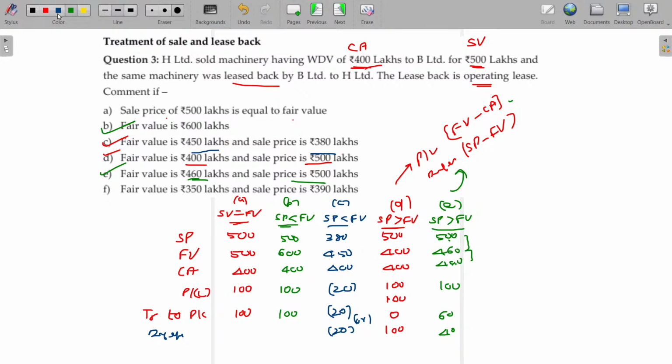The last one, option F. Fair value 350, sale price 390, carrying amount 400. This one is also similar, because the sale price is more than fair value.